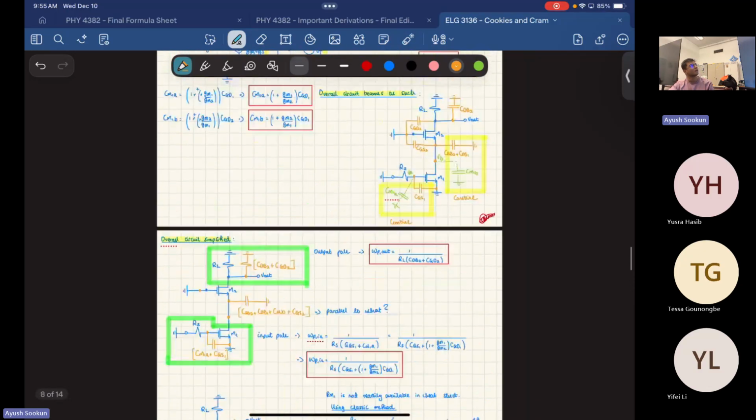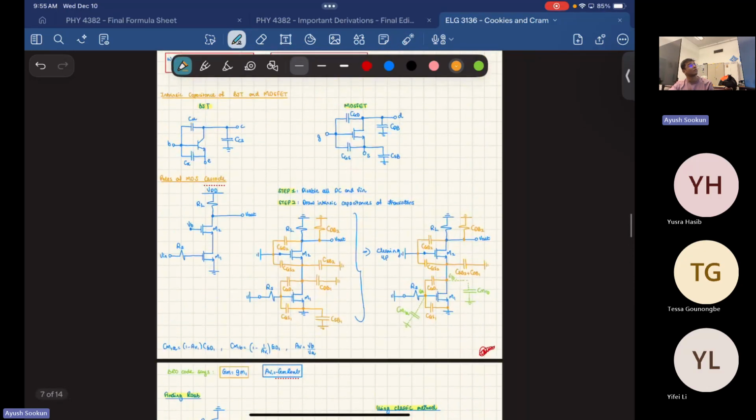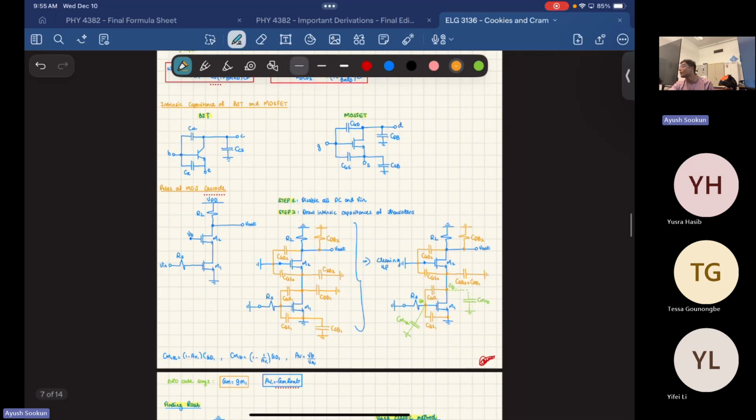Do you have an example where you have a resistance to use for Miller's theorem? Because usually, a lot of the time in our assignments, I think you did one example where you have a resistor instead of a capacitor. It's the same thing, I think it's just the minus sign that changes.